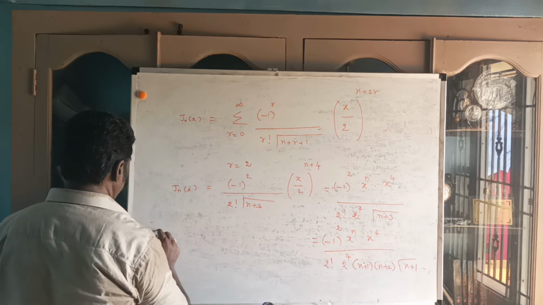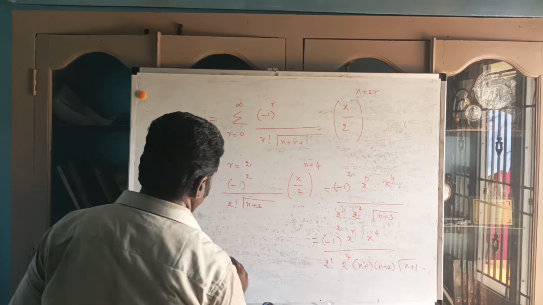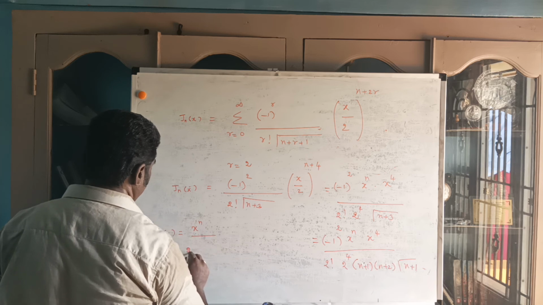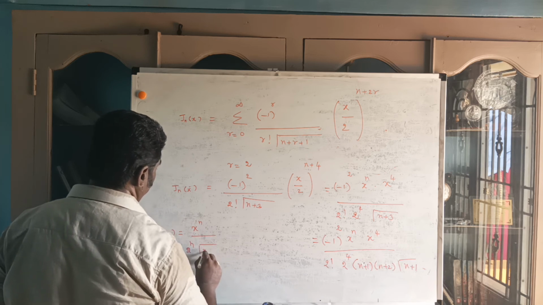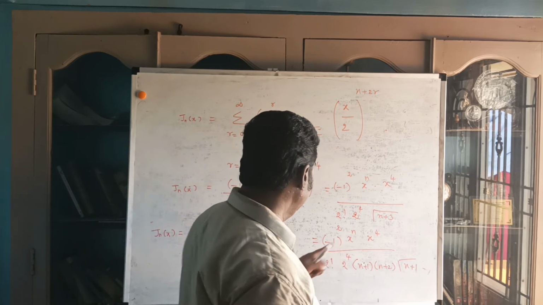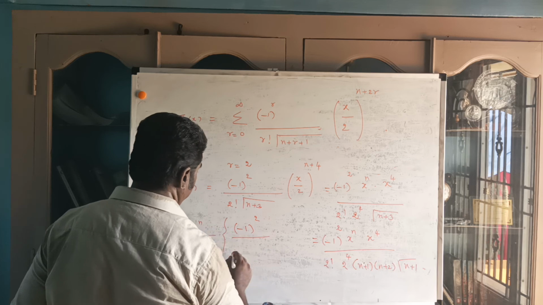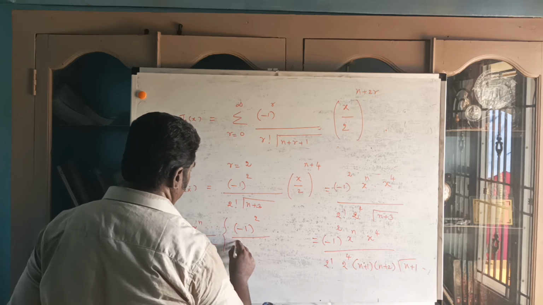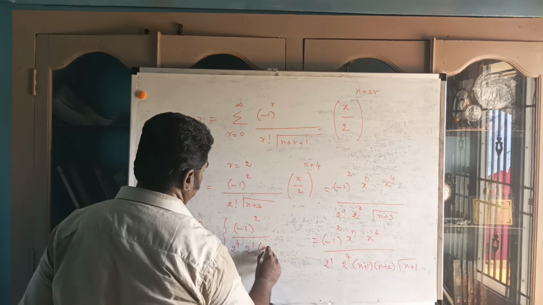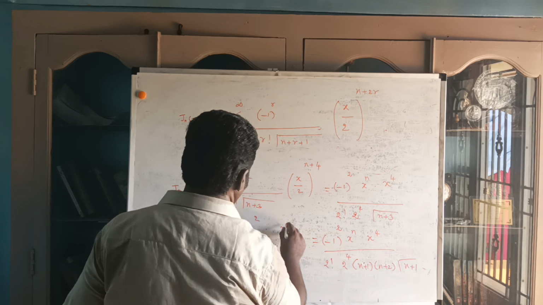See this? In this term, you can write the value of Jn of x, which is equal to x power n divided by 2 power n into gamma of n plus 1 into minus 1 square divided by 2 power 4, 2 factorial, n plus 1 into n plus 2 into x power 4.